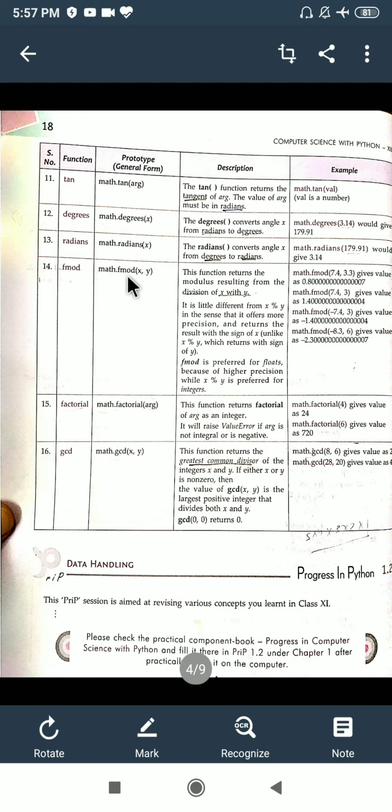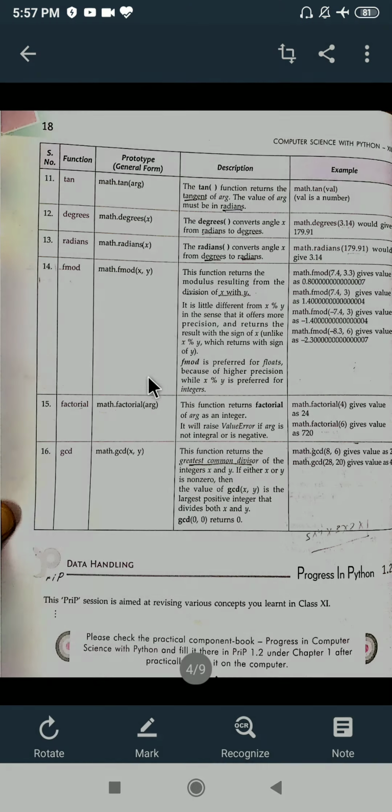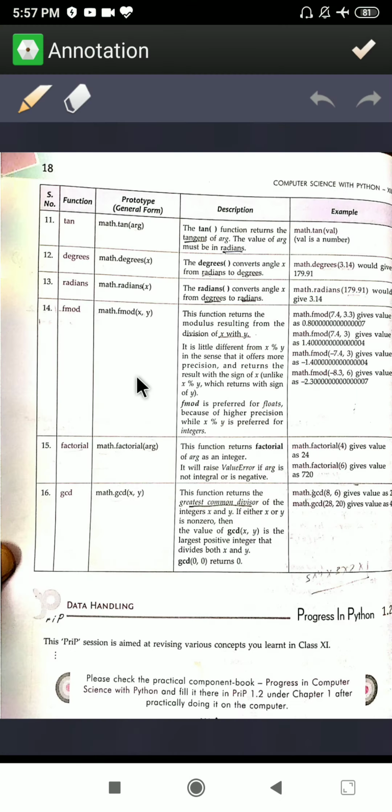fmod function is basically used to calculate the modulus. Modulus is basically used to calculate the remainder. This modulus we are using. fmod, what is the difference between mod and fmod?